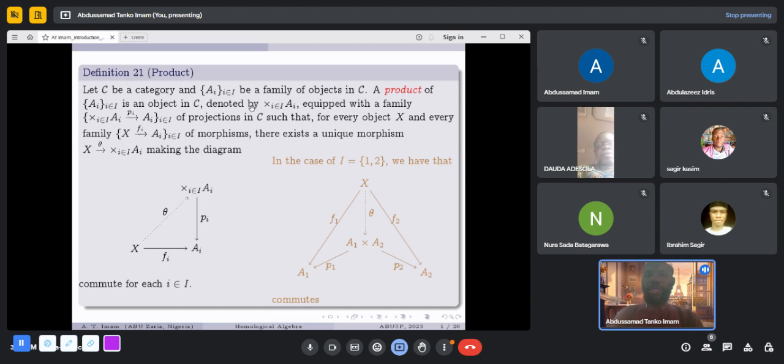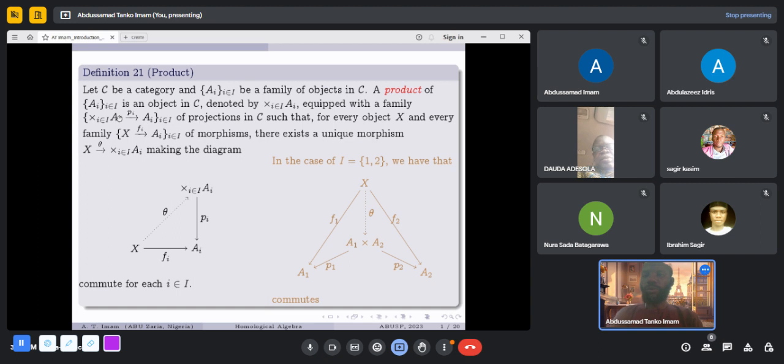So actually a product in the category is an object in the category equipped with another family of morphisms, and these morphisms are expected to be projections. We have defined what a projection is.